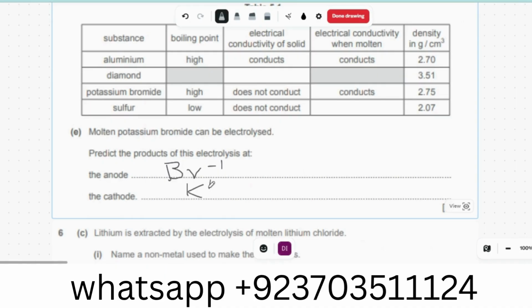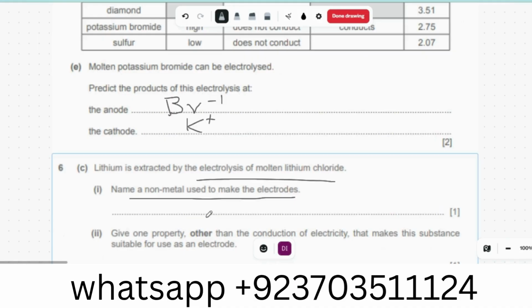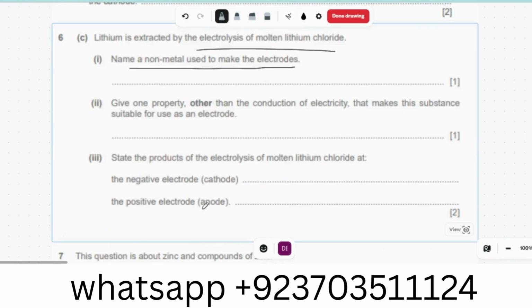Now lithium is extracted by electrolysis of molten lithium chloride. Name a non-metal used to make the electrode, that is simply graphite or carbon. State one property other than conduction of electricity that makes this substance suitable for use as an electrode: inert and unreactive. So carbon or graphite doesn't react with the metal.